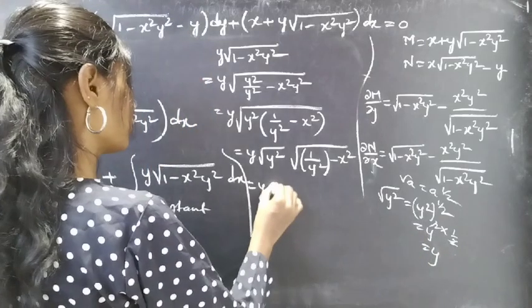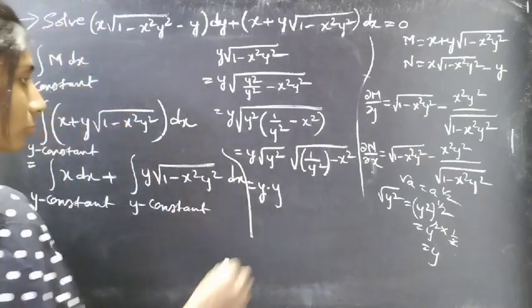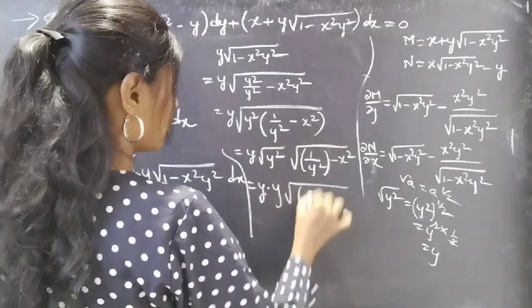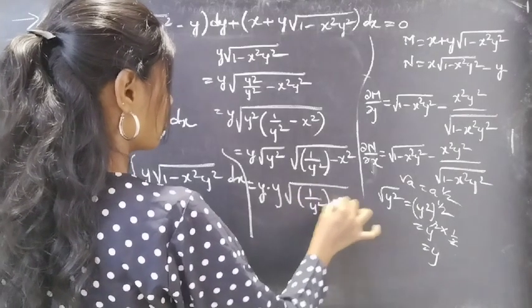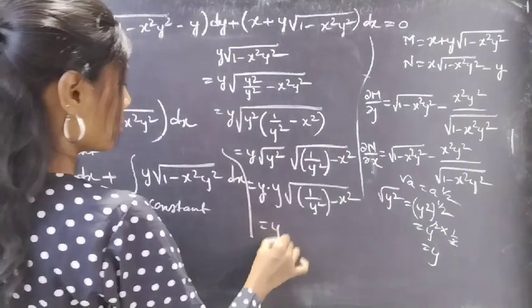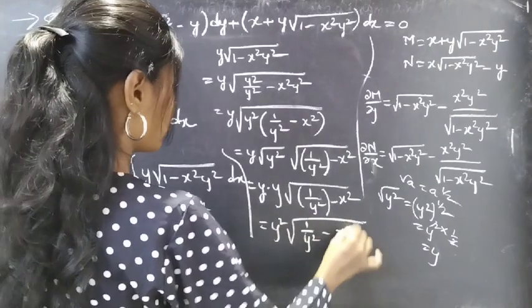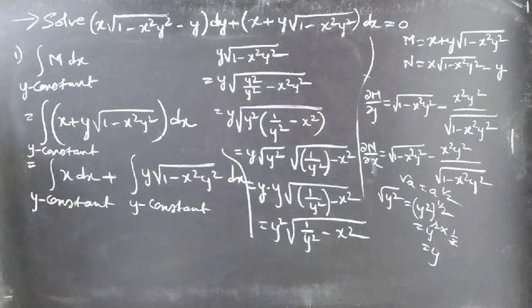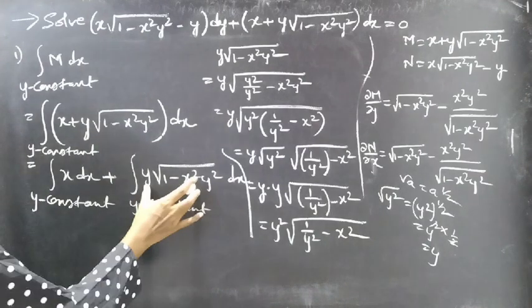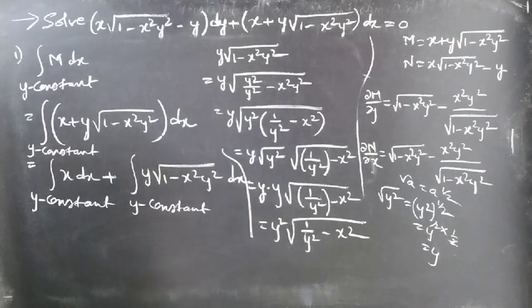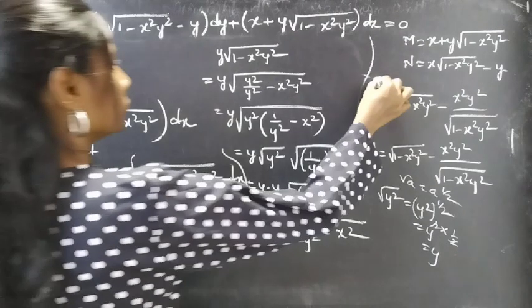You'll get y into square root of 1 by y square minus x square. This gives us y square into square root of 1 by y square minus x square. Now replace the integrand by y square into square root of 1 by y square minus x square.